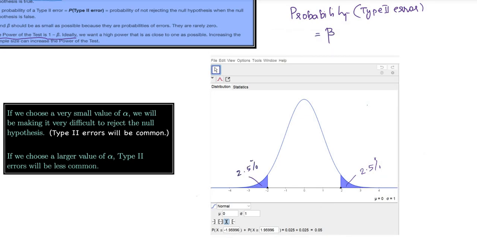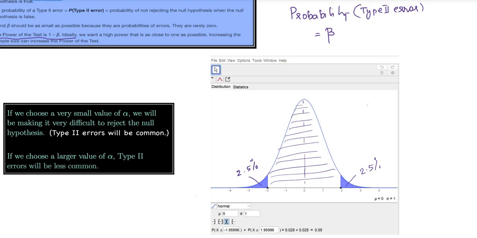So only 5% is the alpha value. Most of the values are included in the central area because that area is wider, so there is only a small possibility to reject that value. Only 5% is left out.